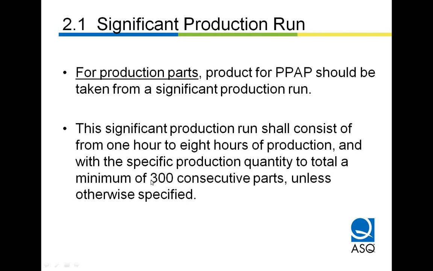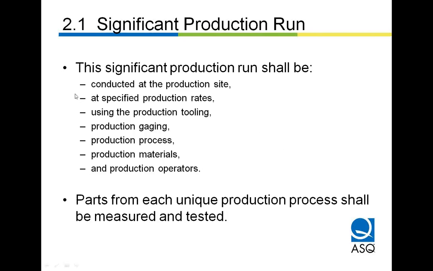So the requirement is that at least 300 consecutive parts are a part of this significant production run, and they're run at the production site at the specified production rates using production tooling, production gauging, production processes and materials, and the production operators.